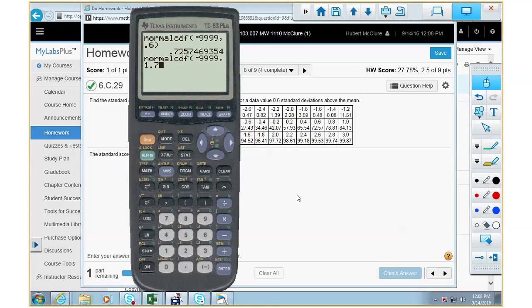Let's see what it is. Okay, 0.95 is further than I thought. 2 should be around 97%. Let's check. Second, enter. 2 is supposed to be, by the empirical rule, 97.5 or something like that.